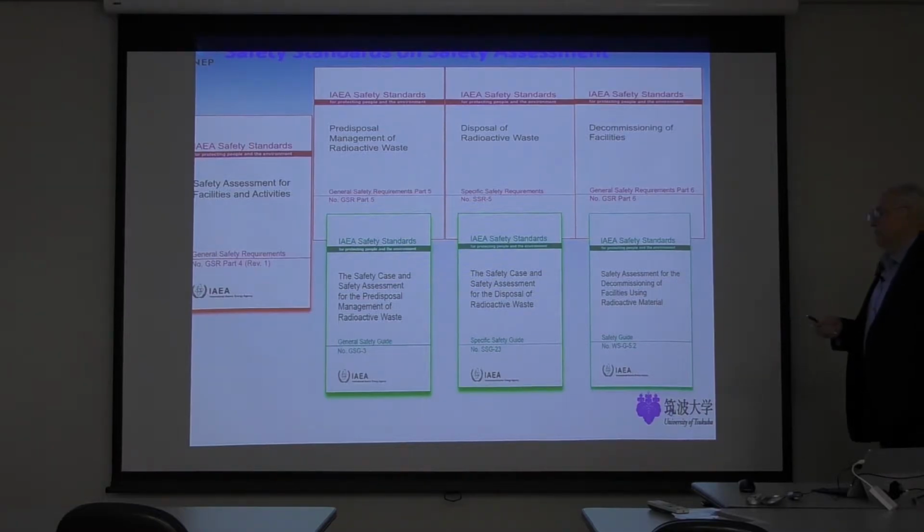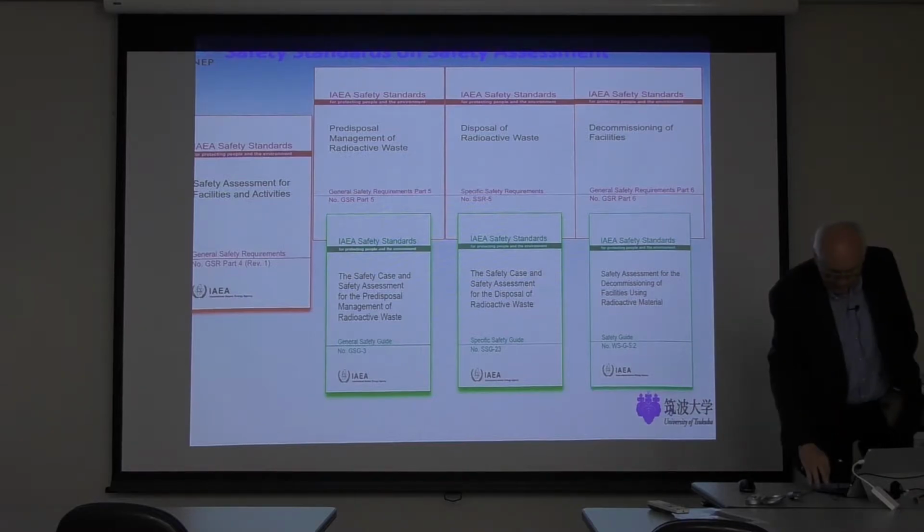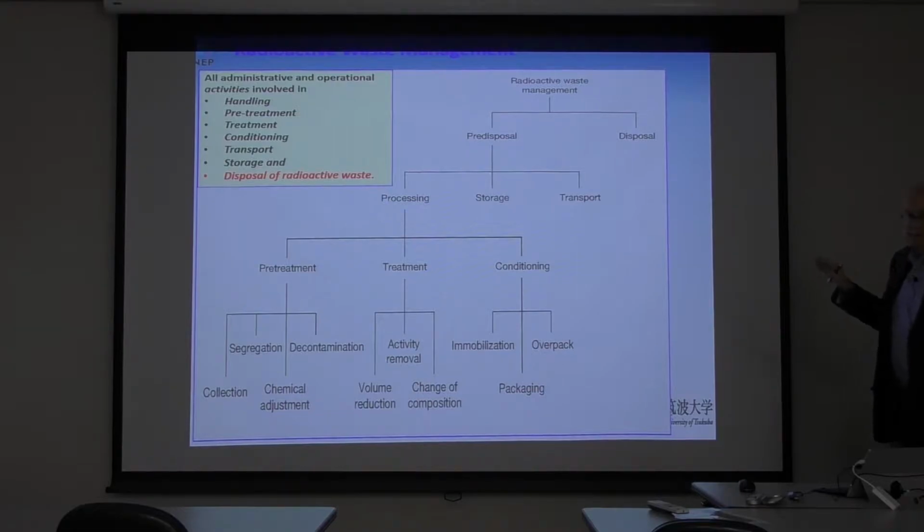And then they address the different aspects of management of waste. Pre-disposal management, this means any activity which occurs before the waste is disposed, and then the disposal, then during the disposal. Also decommissioning of facilities, because over there a lot of waste will be generated. Waste management covers a wide spectrum of activities.